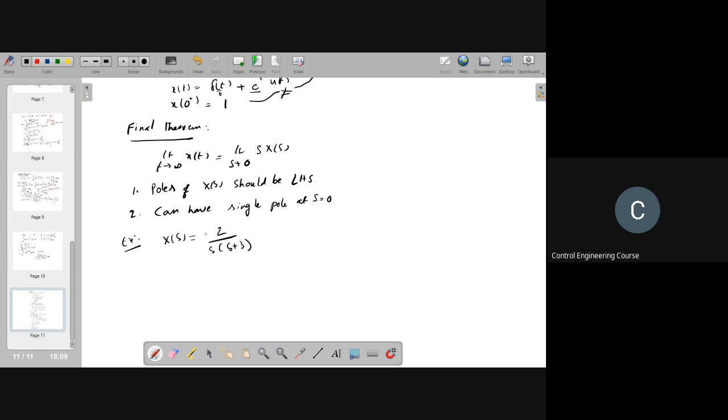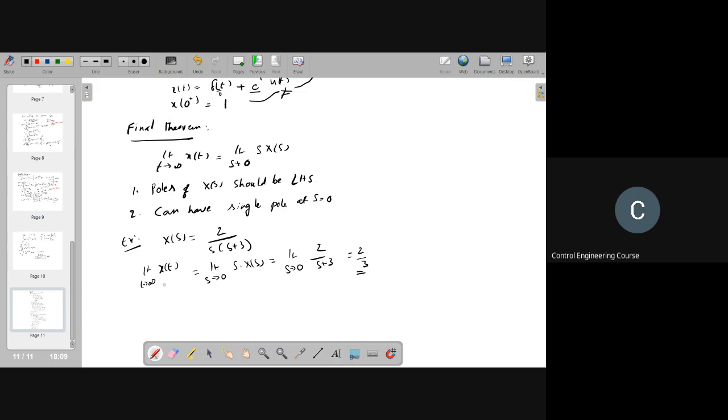Then the final value, limit of x of t as t tends to infinity, is equal to limit as s tends to 0 of s X of s, that is limit as s tends to 0 of 2 by s plus 3, which is equal to 2 by 3, right?